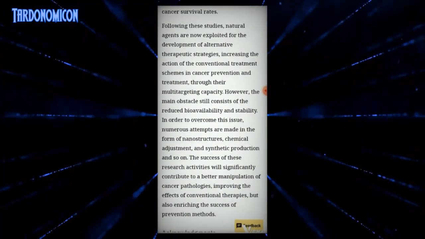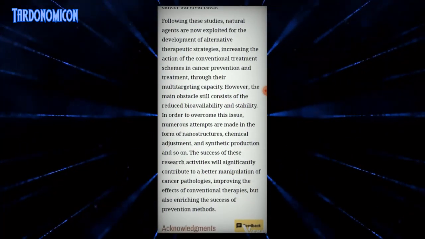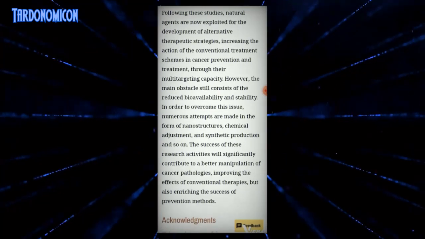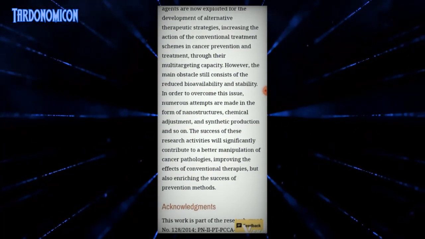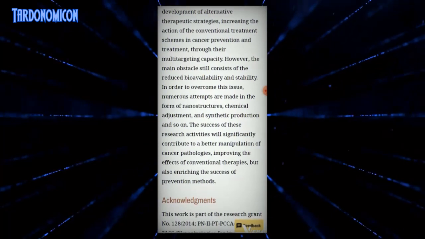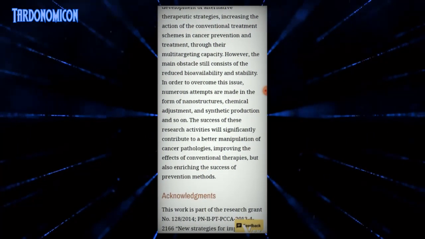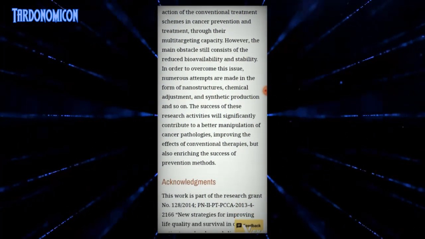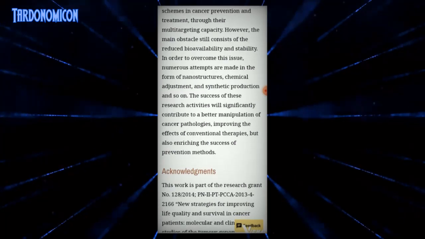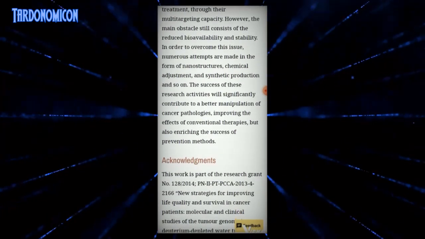Following these studies, natural agents are now exploited for the development of alternative therapeutic strategies, increasing the action of the conventional treatment schemes in cancer prevention and treatment through their multi-targeting capacity. However, the main obstacle still consists of the reduced bioavailability and stability.